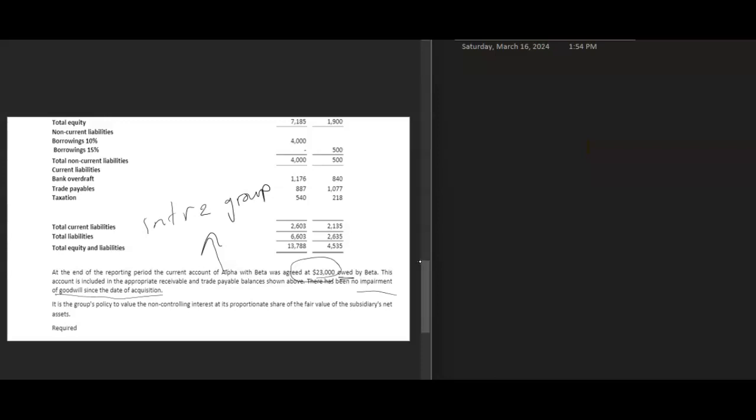It is the group's policy to value the non-controlling interest at its proportionate share of the fair value of the subsidiary's net assets. So that would be our basis of calculating the non-controlling interest.